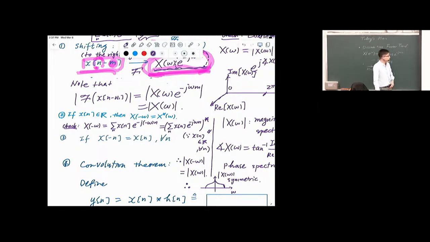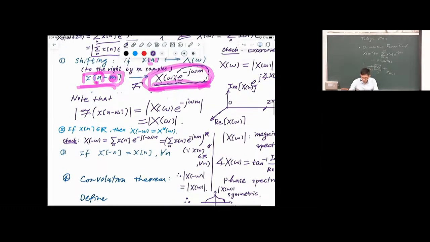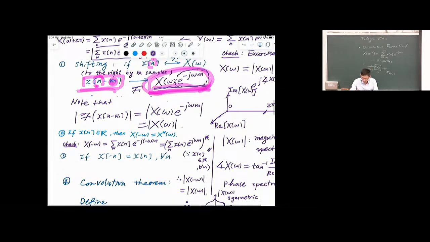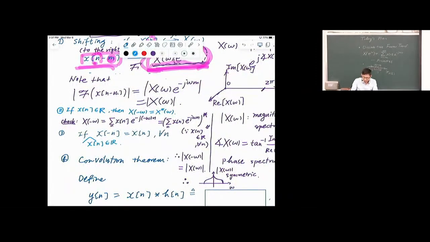Now, the next property is another symmetry. When our signal is not only real, but is also symmetric in time, what happens? Let me emphasize: if x is real and symmetric in time, it turns out that then X of omega is real in frequency.